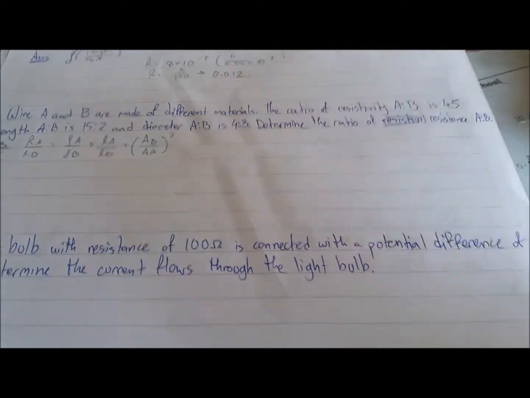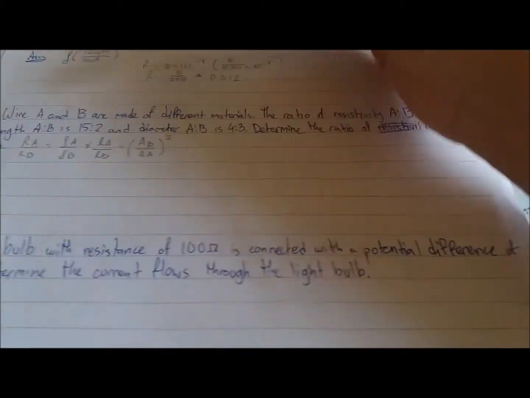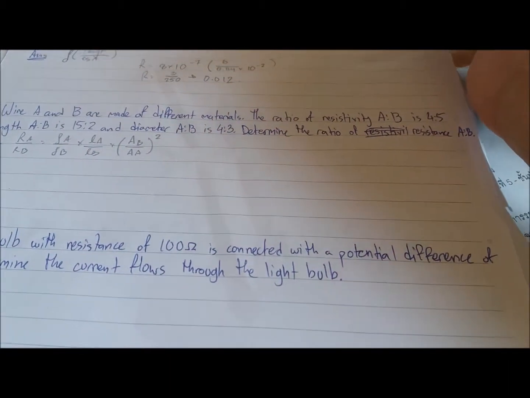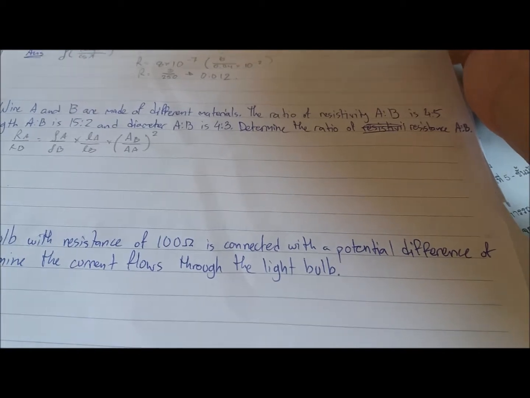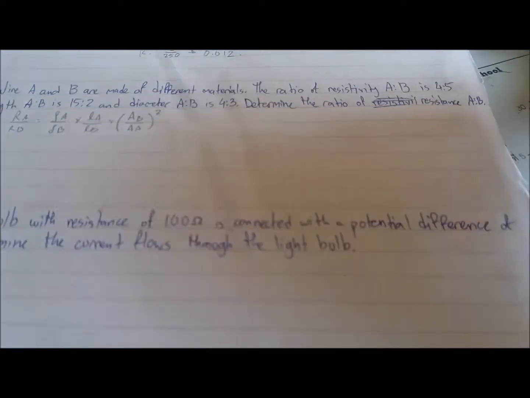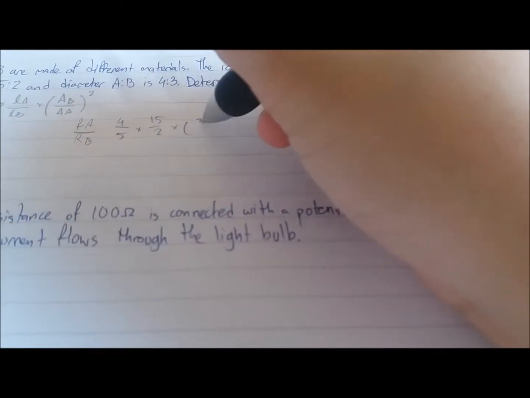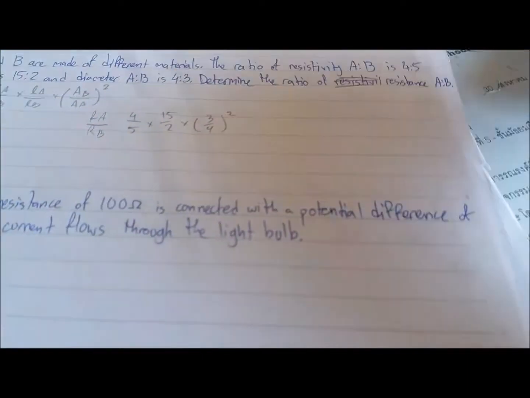So for this, we already located that the resistivity is 4 to 5, length is 15 to 2, and the diameter is 4 to 3. I'm going to change it to fractional form. So A over B equals 4 over 5, multiplied by 15 over 2, multiplied by 3 over 4 squared.